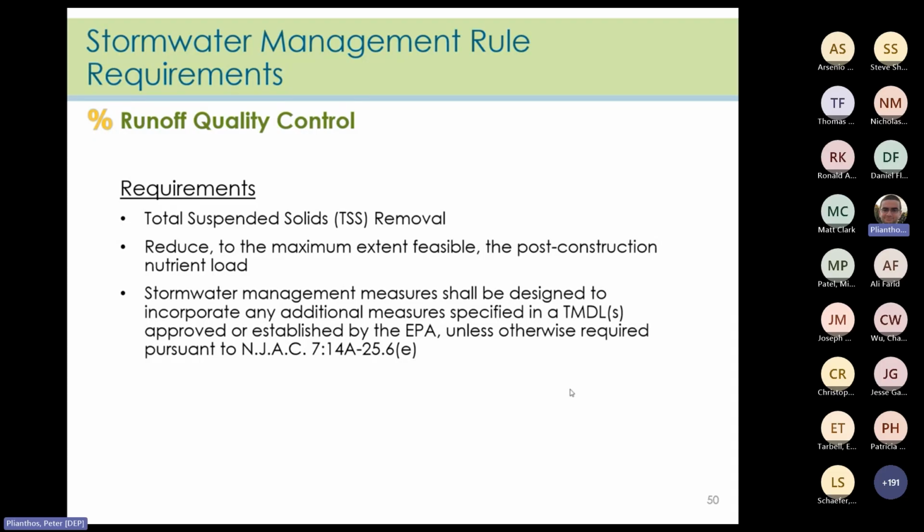Nutrients are generally a result of fertilizers and animal waste. The two nutrients of concern are phosphorus and nitrogen because they overstimulate plant growth in aquatic environments, which results in algal blooms and a reduction in dissolved oxygen concentration in water.